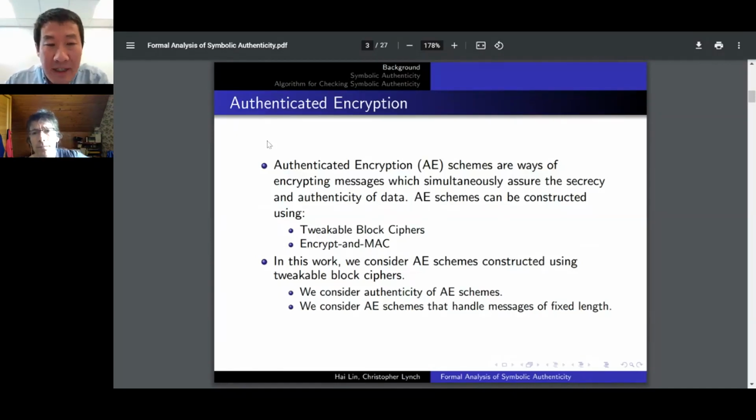It can also be constructed using the encrypt-then-MAC paradigm. So in this work, we only consider authenticated encryption schemes constructed using tweakable block ciphers. And we only consider the authenticity property. And as a first step, we consider authenticated encryption schemes that handle messages of fixed length.